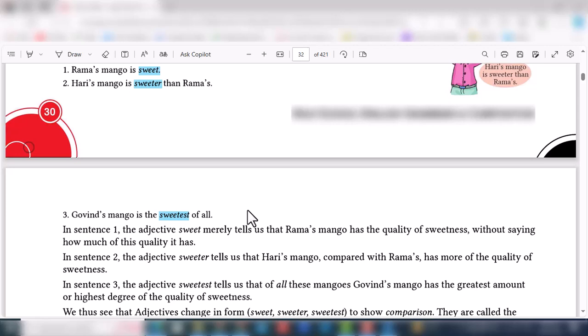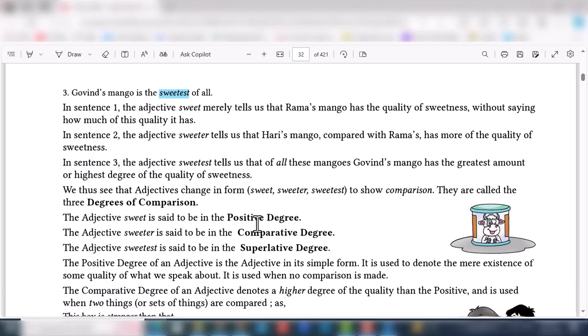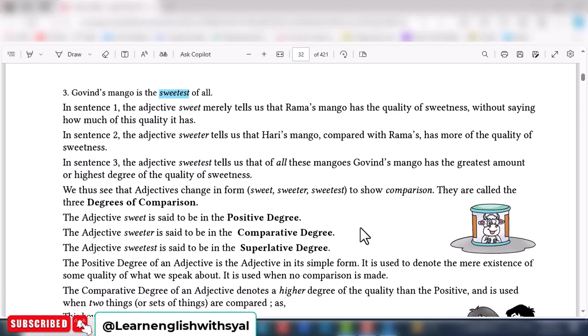And in the third sentence we make the comparison with all, and we use the est form, meaning the highest degree of comparison, the superlative degree. So according to all this, we have the definitions of these degrees. The adjective sweet we call a positive degree, sweeter is a comparative degree, and sweetest is a superlative degree.